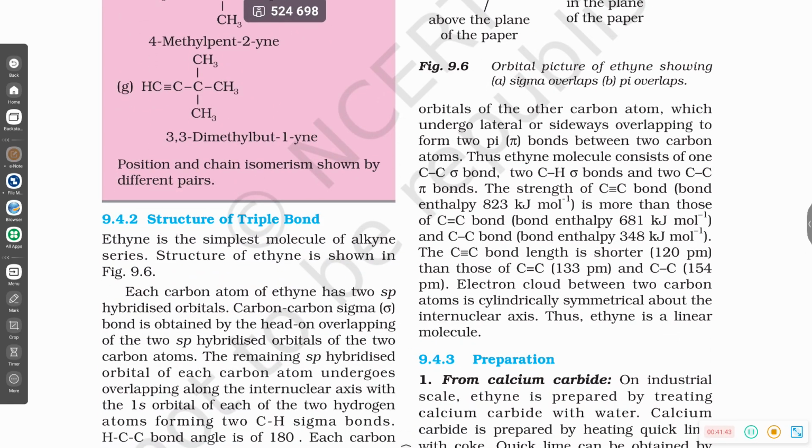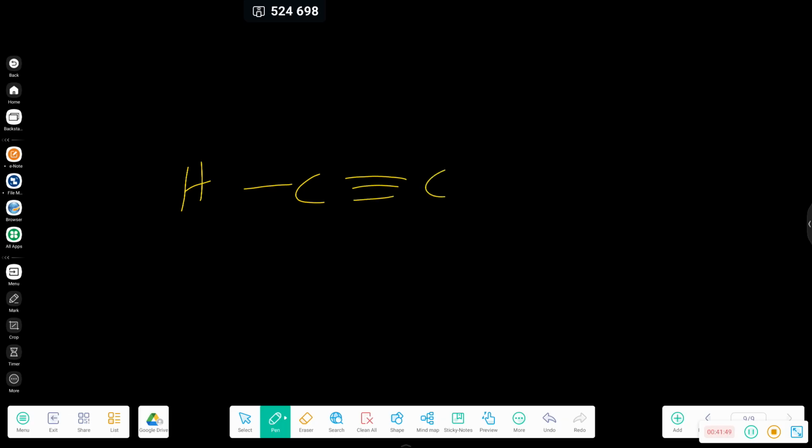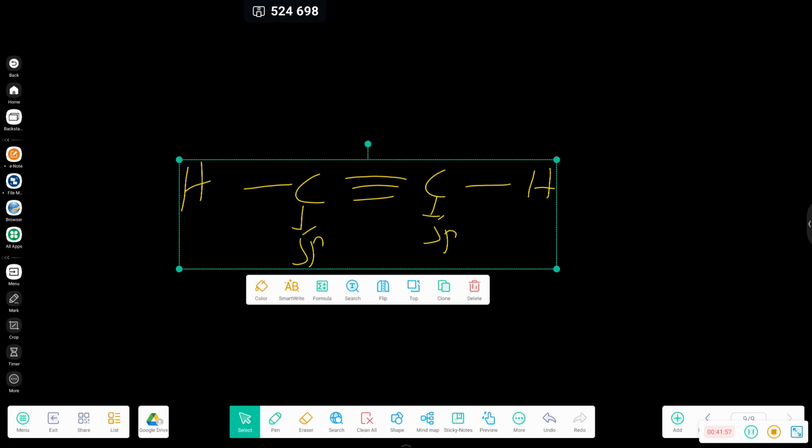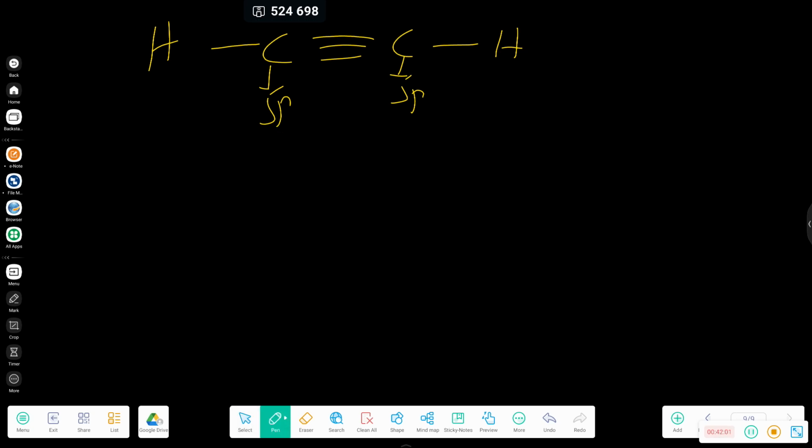So the structure of the triple bond. The triple bond structure, like I was telling for alkene, will be told like this. For example, see this one. Here we are getting the triple bond structure. So what is the hybridization here? It is sp, and this is also sp. Sp means two sp hybrid orbitals we can get. This is one sp, this is one sp for this carbon.